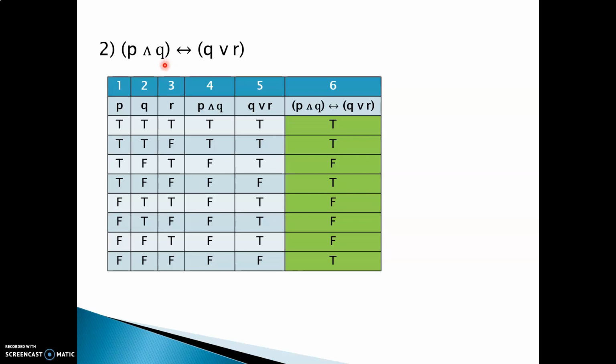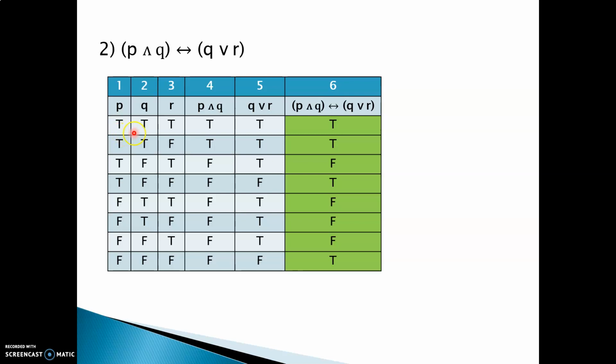So 3 plus 3, 6 columns are here. Now PQR you have to write like this. You can write like this also, or you can take another order also. It is not necessary to start with true. You can start with false, false, false, false, then true, true, true, true, that way also. But now we are starting with this pattern.